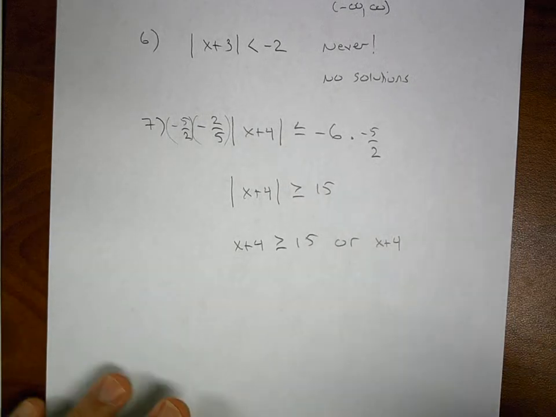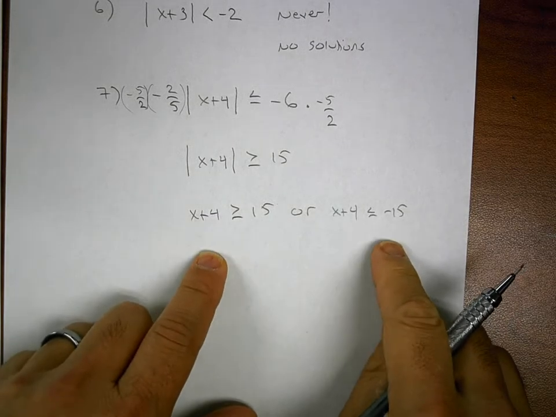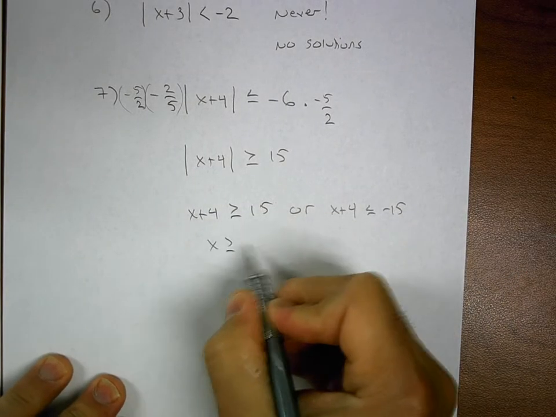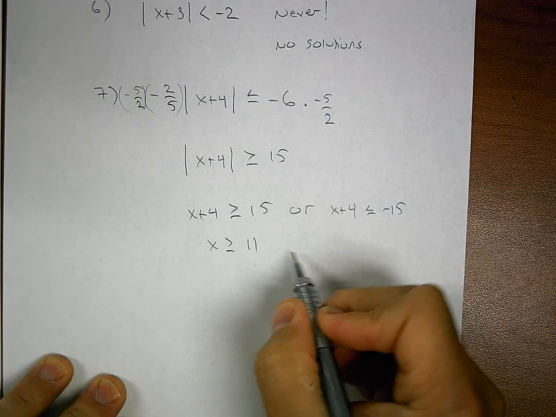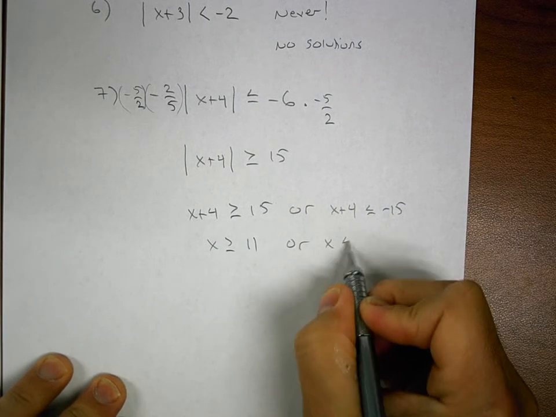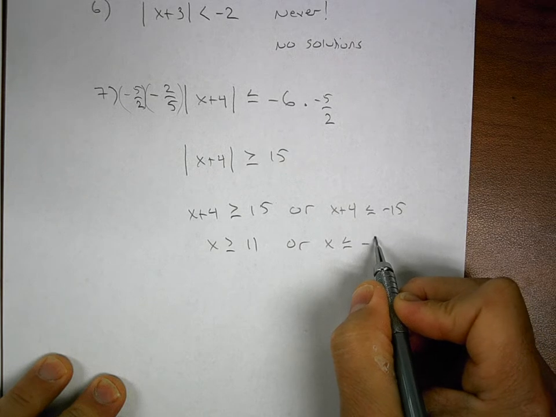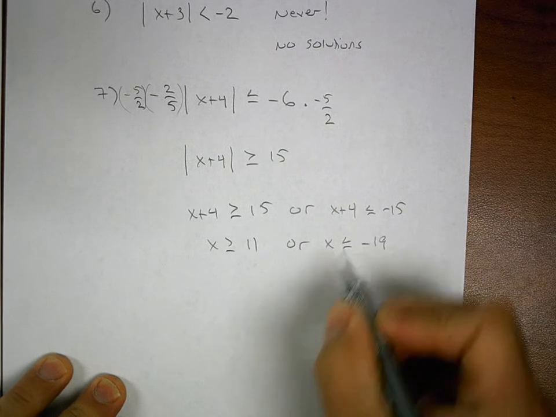Just got to remember how to set those up. The split, great OR, it's an OR. So we said x is greater than or equal to 11, or this x is less than or equal to negative 19. Sorry, I didn't show the steps, but negative 4 minus 4.